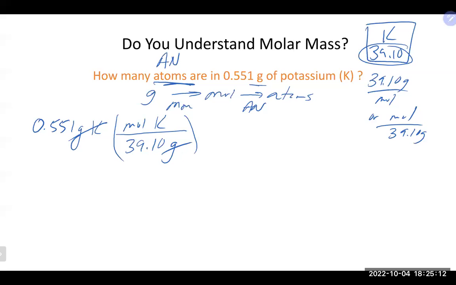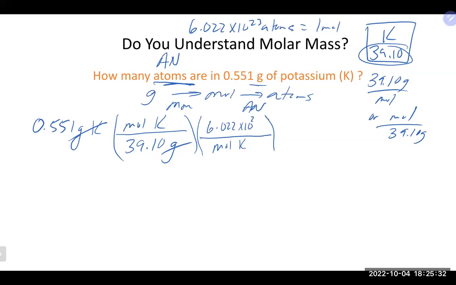So we'll use Avogadro's number, which is 6.022 times 10 to the 23 atoms equals 1 mole. So since moles are on top, we want moles on the bottom here. So a mole of potassium would be 6.022 times 10 to the 23 atoms.